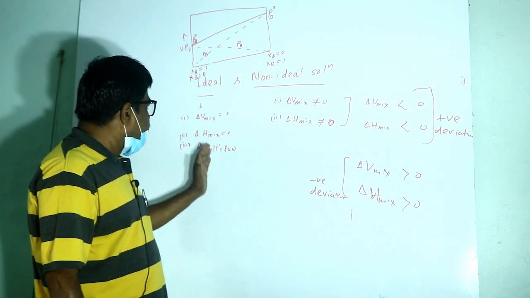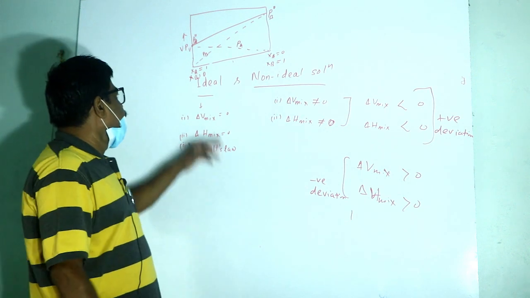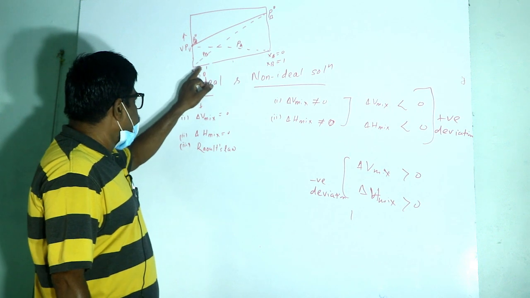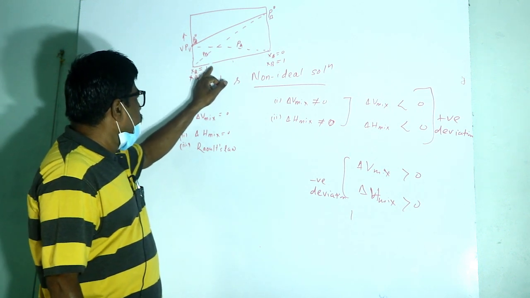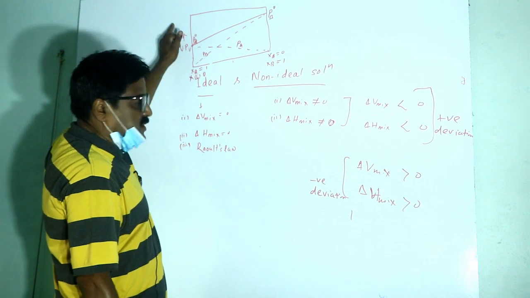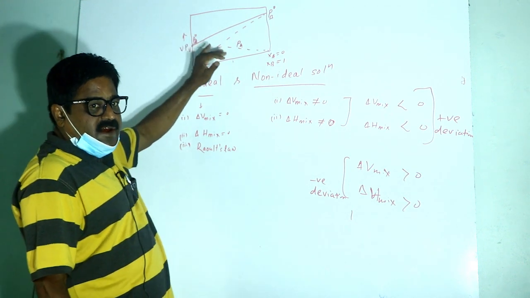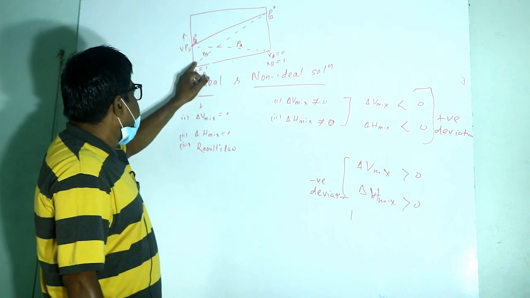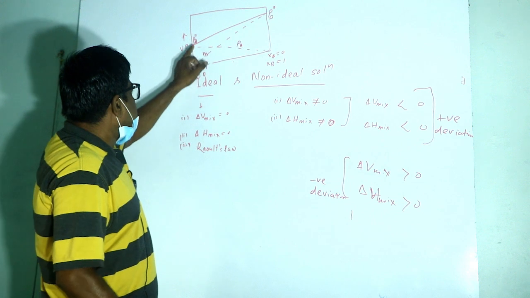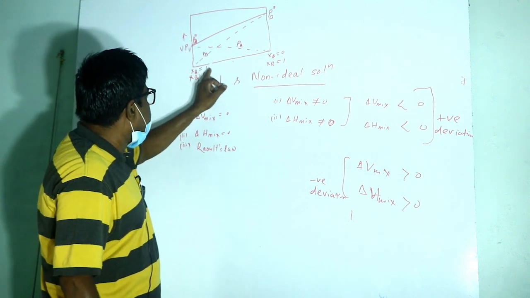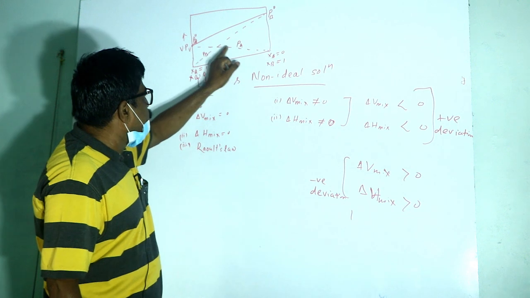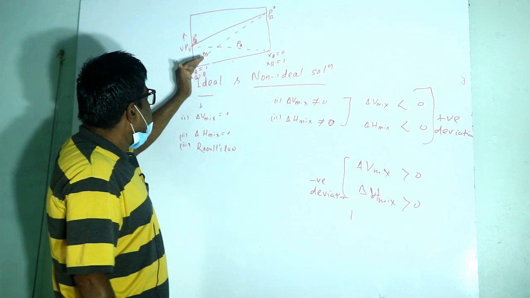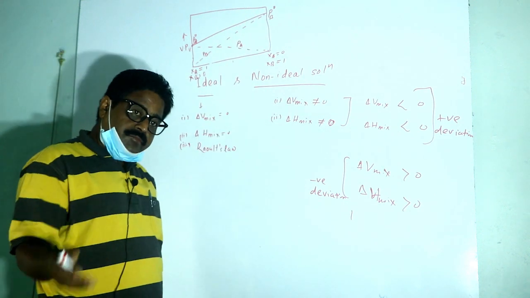And when we consider the graph, taking the mixture solution, the mole fraction of the solute A or the solvent and solute, when a graph is plotted between the mole fraction and vapor pressure, we have something like this. This is the vapor pressure graph. When the mole fraction of A decreases, the vapor pressure also decreases. When the mole fraction of B increases, the vapor pressure also increases according to Raoult's law.